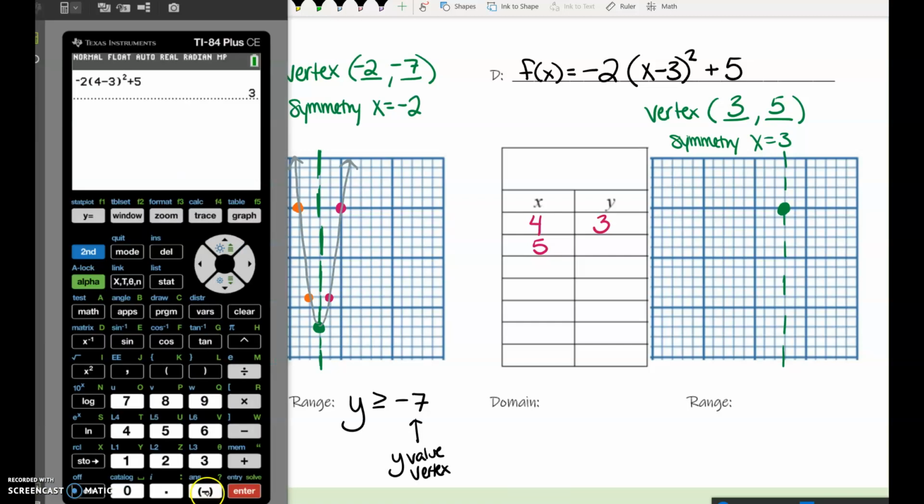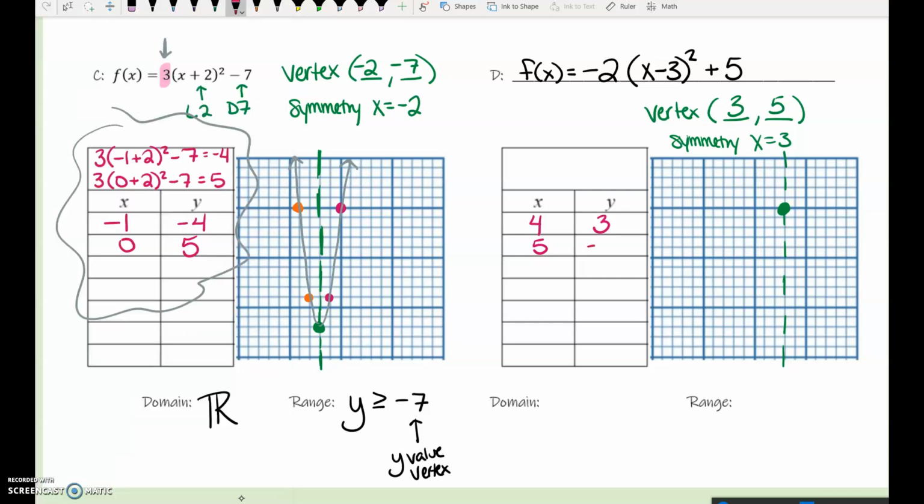And then I plug in 5. -3. So 4, 3, and 5, -3. Reflect those points over.